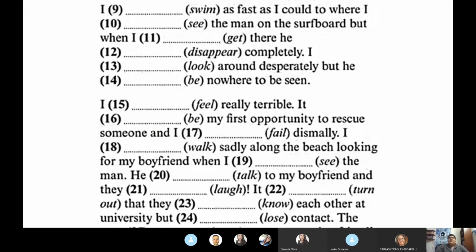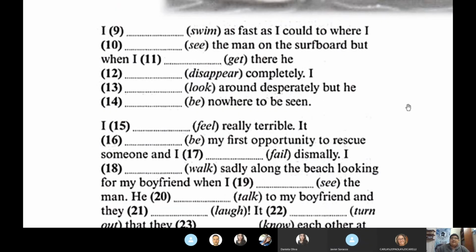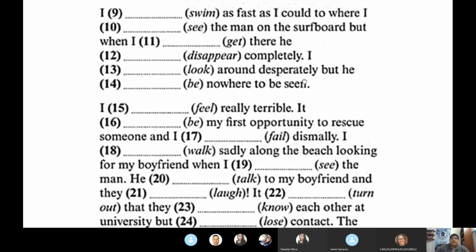He was nowhere to be seen. Okay, so I swam as fast as I could to where I had seen the man on the surfboat, but when I got there, he had disappeared completely. I looked around desperately, but he was nowhere to be seen.